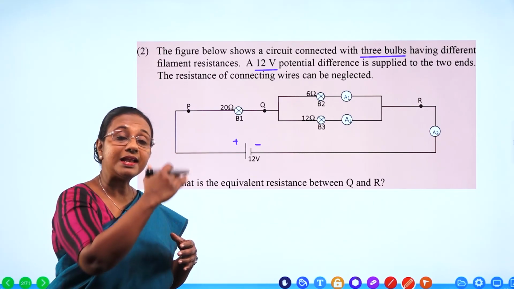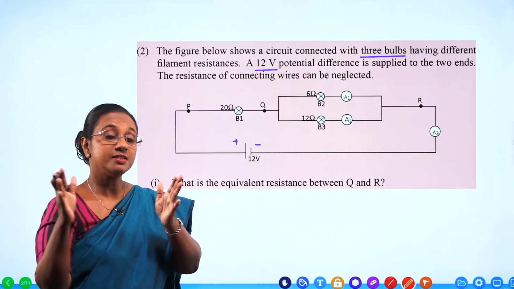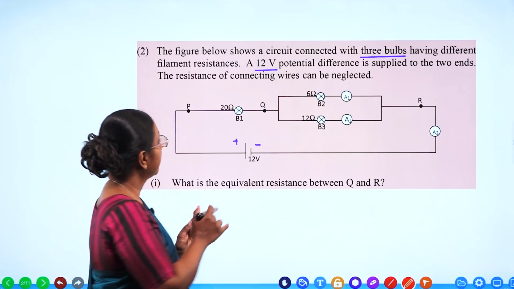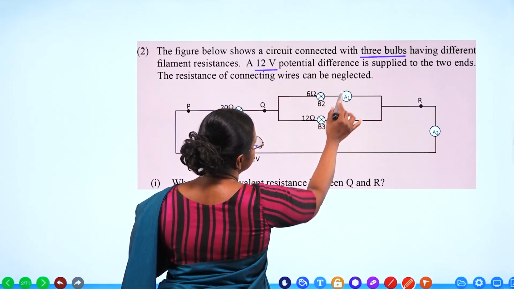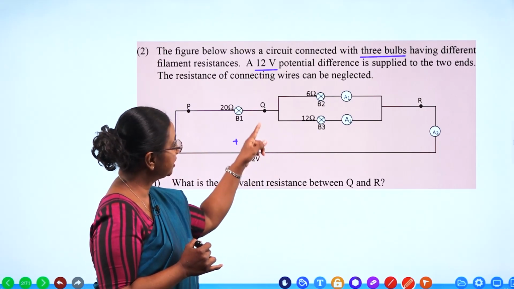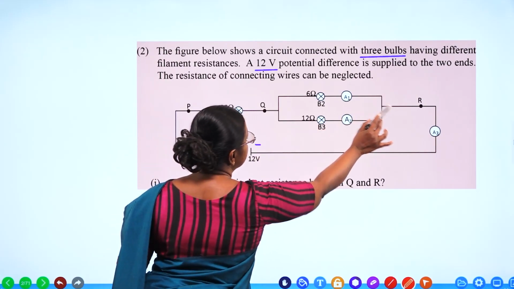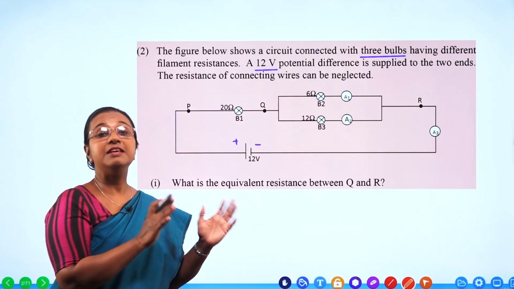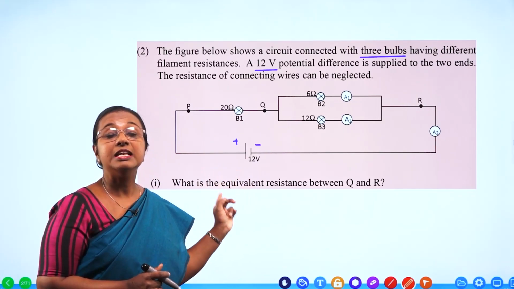But if there is a parallel combination, then of course the potential difference across the 2 points will be equal. Now here if we take these 2 points, for these 2 resistors the potential difference will be equal. But for this and this, the total equivalent resistance will be divided.